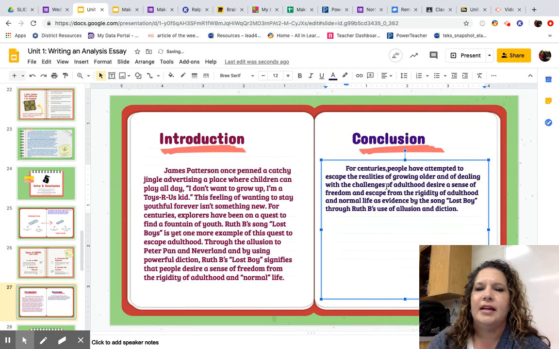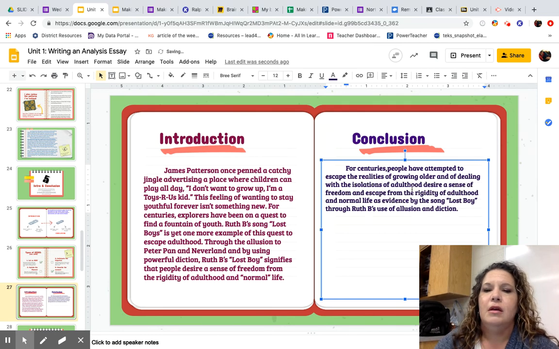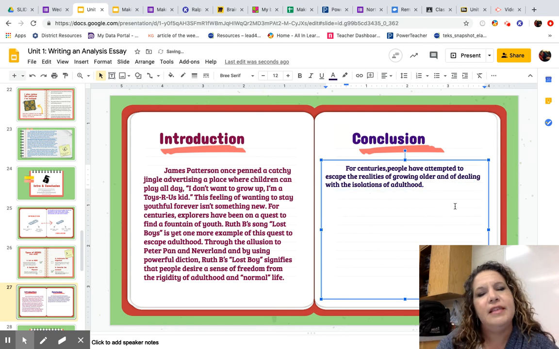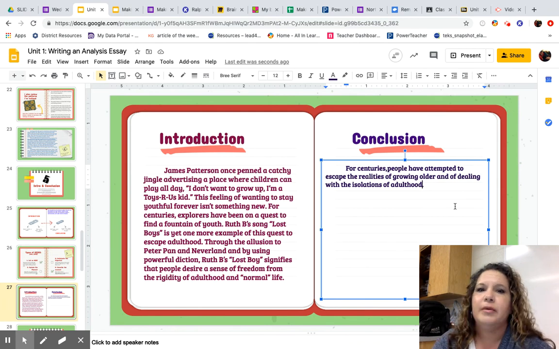Ooh, let's say the isolations of adulthood. And in this case, I don't think we actually need to mention the song title and the author again because it's at the end of the paper. So now let's look at what we have. If we take away Ruth B and the Lost Boy, because we've said it before, and if our readers have forgotten so quickly, there's some other issues going on, right?